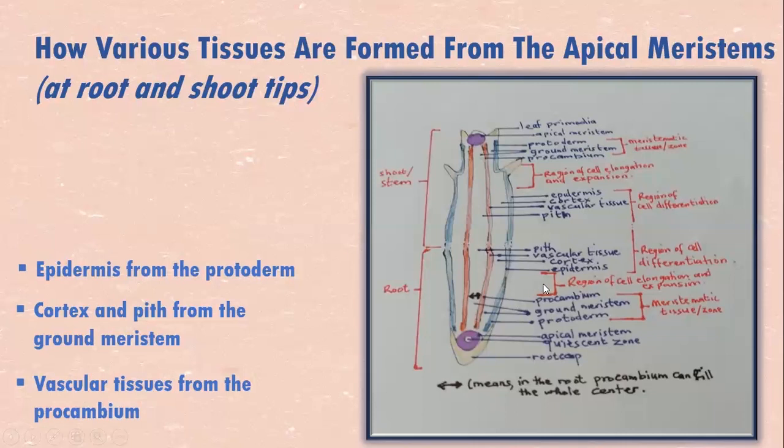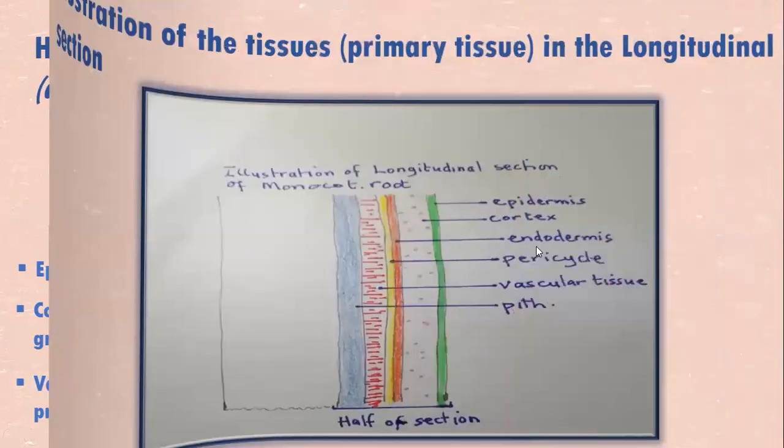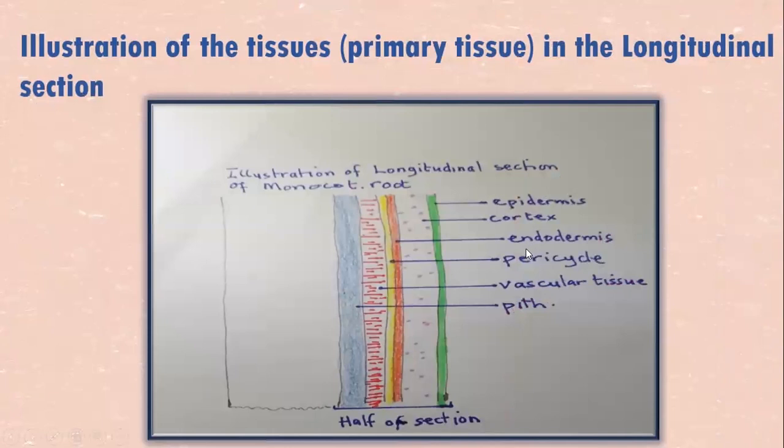But let's look at these tissues: epidermis, cortex, vascular tissue, and pith. Well, a longitudinal section is an illustration of a monocot root. For instance, you have the epidermis, and the epidermis is parenchyma. You have cortex, the cortex is parenchyma. It can also be collenchyma, we'll explain.